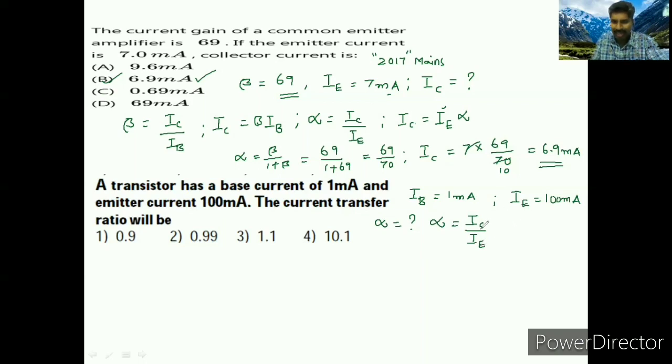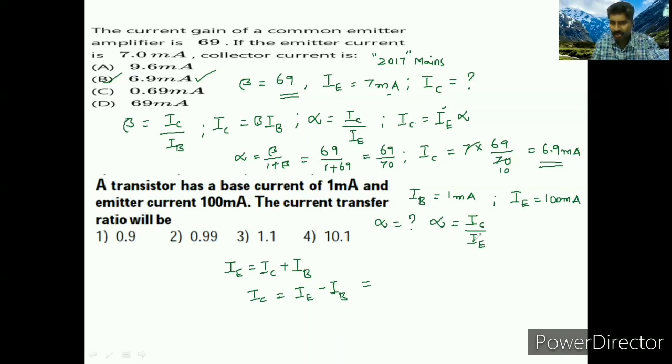But we don't know the IC value, but we know the relation between collector current, base current and emitter current. IE is equal to IC plus IB. So IC, the collector current, is equal to emitter current minus base current.